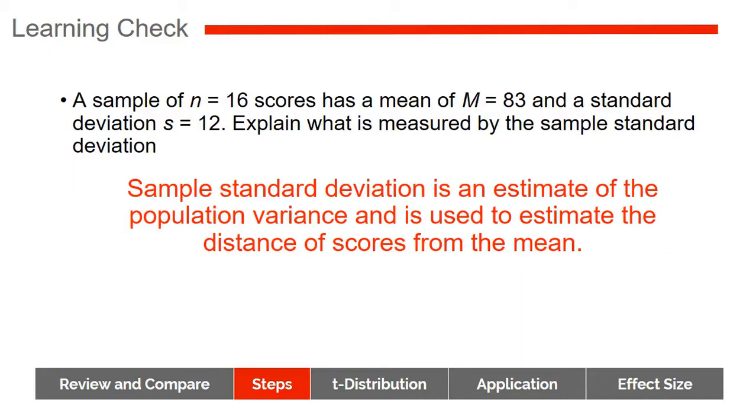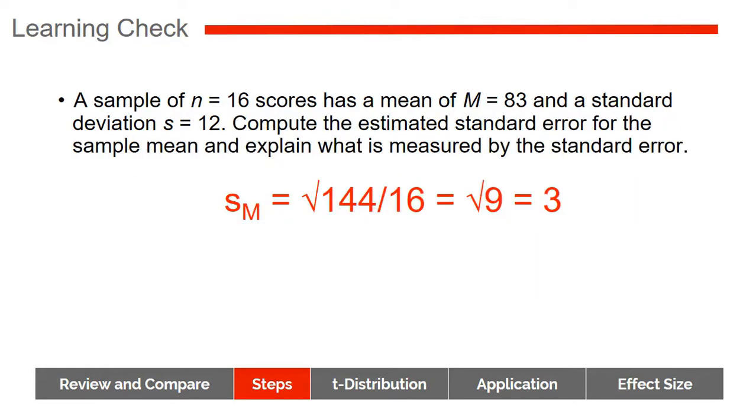So what do we mean by the standard error? The sample standard deviation is an estimate of the population variance, and it's used to estimate the distance of the scores from the mean. So let's dive in and figure out that estimated error. If we have 16 scores with a mean of 83 and a standard deviation of 12, the standard error is going to be the square root of our variance divided by our n. Now, here is where it gets a little tricky. You weren't given the variance, you were only given the standard deviation.